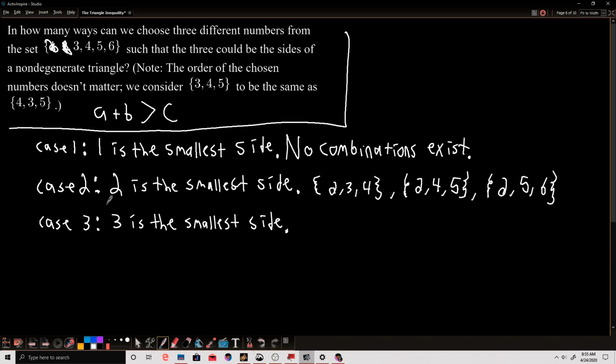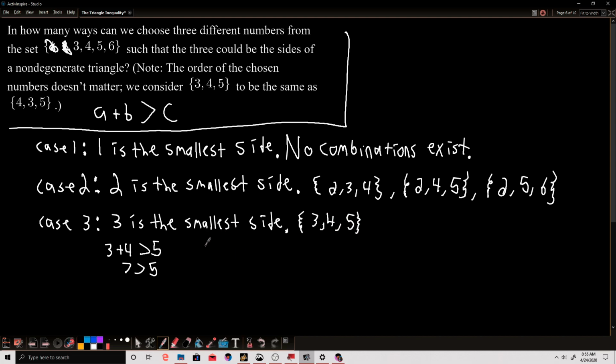So let's try some combinations. We have 3 and 4. Does that work with 5? Well, absolutely, because 3 and 4 is 7. So one combination that works is 3, 4, and 5.